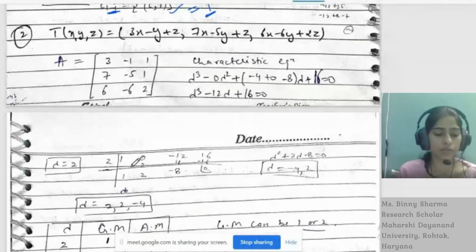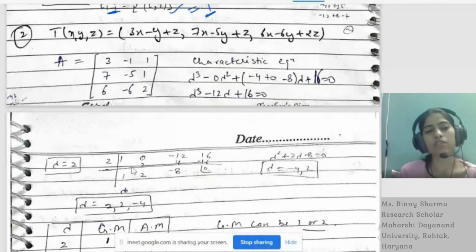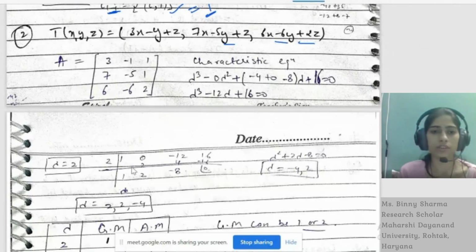The second example: we have a linear operator T defined as T(x, y, z) equals (3x minus y plus z, 7x minus 5y plus z, 6x minus 6y plus 2z). So we made a matrix with respect to the standard basis.